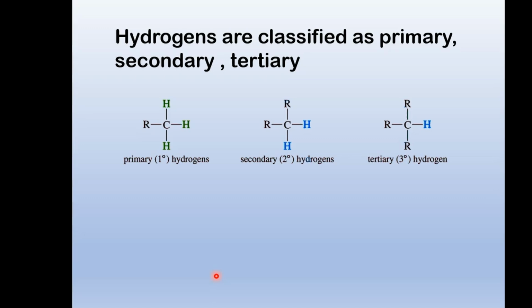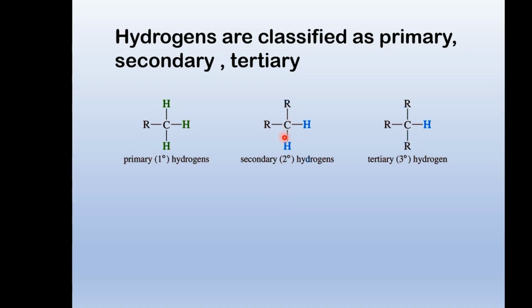So we can classify carbons and hydrogens, and you've already seen this with carbons, because I mentioned sec-butyl alkyl group and t-butyl alkyl group. Sec-butyl is where we have butane and we form the alkyl group on a secondary carbon.